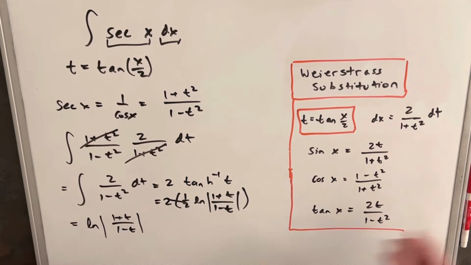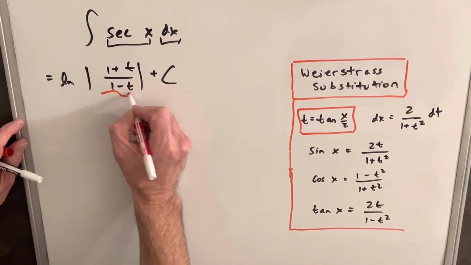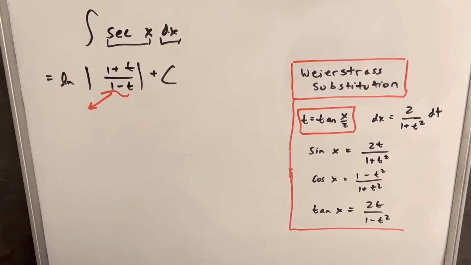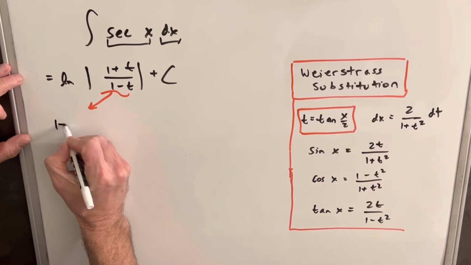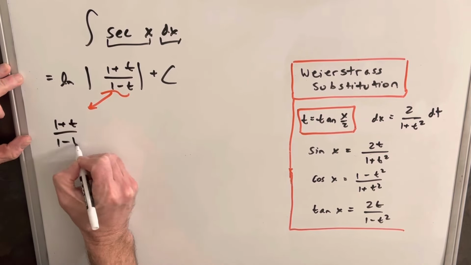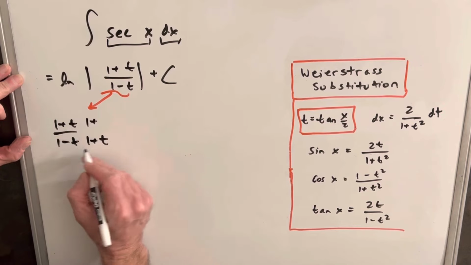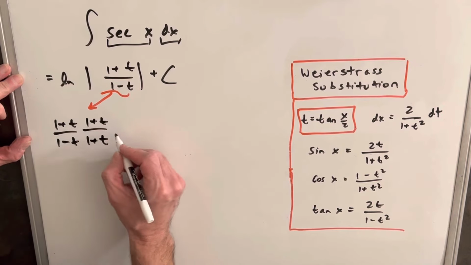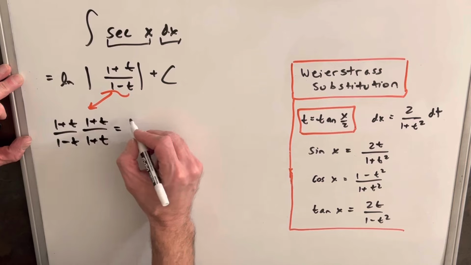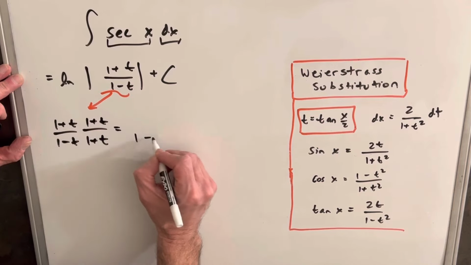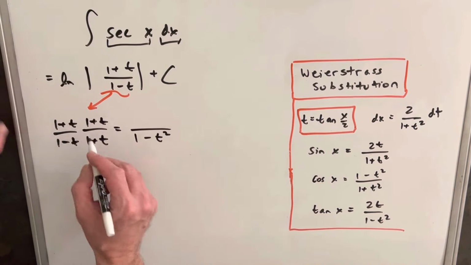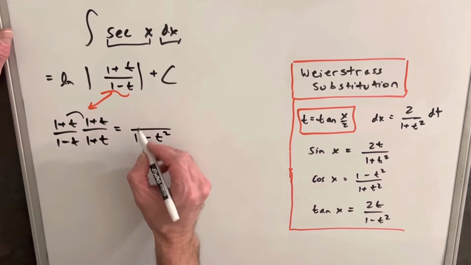but I think what I want to do is manipulate what we have inside here a little bit before we continue. So what I want to do is break out this piece and look at it separately. So we're going to have 1 plus t over 1 minus t, and then we can multiply by the conjugate in the denominator, and we're left with 1 minus t squared in the denominator, and then we'll just multiply this out and distribute in the numerator.